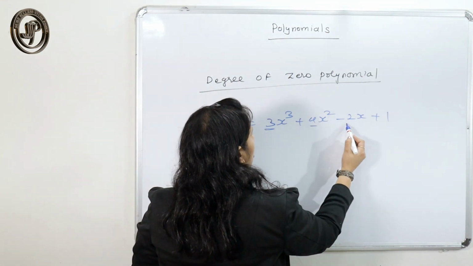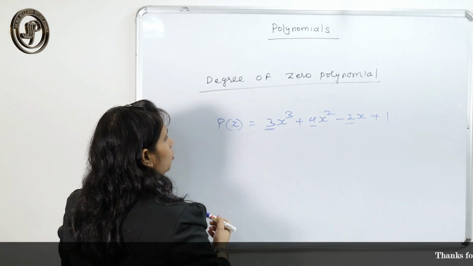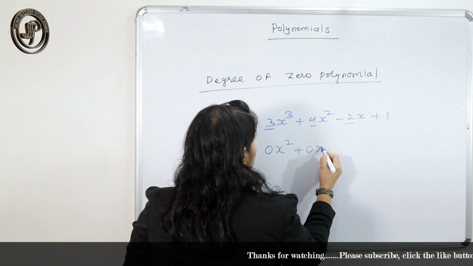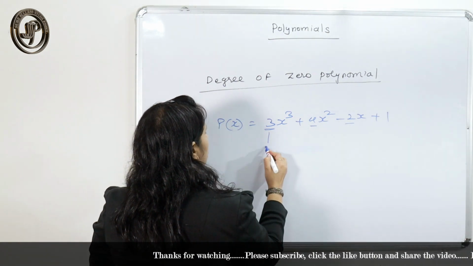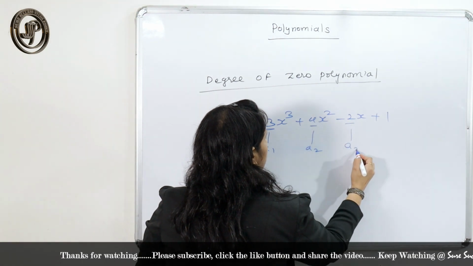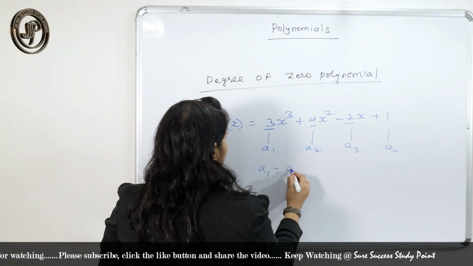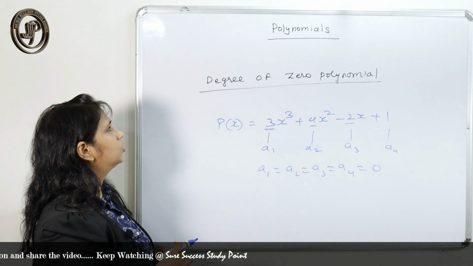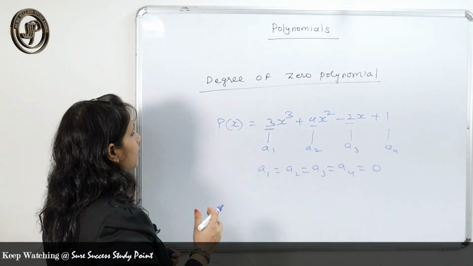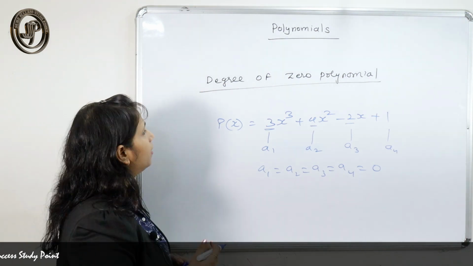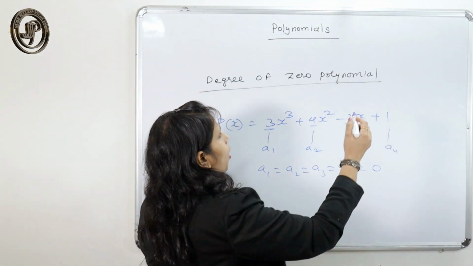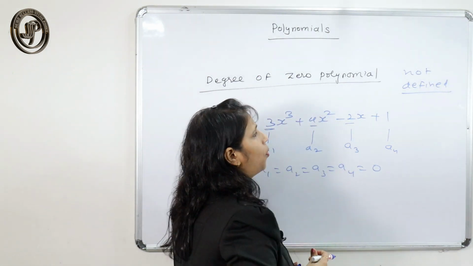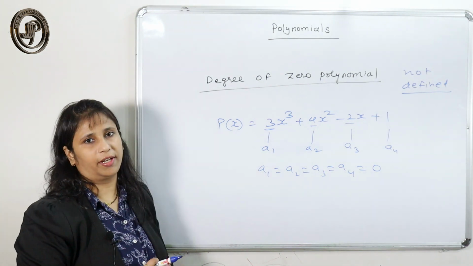If the constant terms of all the polynomial, suppose this is your a1, this is a2, this is a3, this is a4, if a1, a2, a3, a4 equal 0, then it is called the zero polynomial. And the important thing here is that the degree of the zero polynomial is not defined.